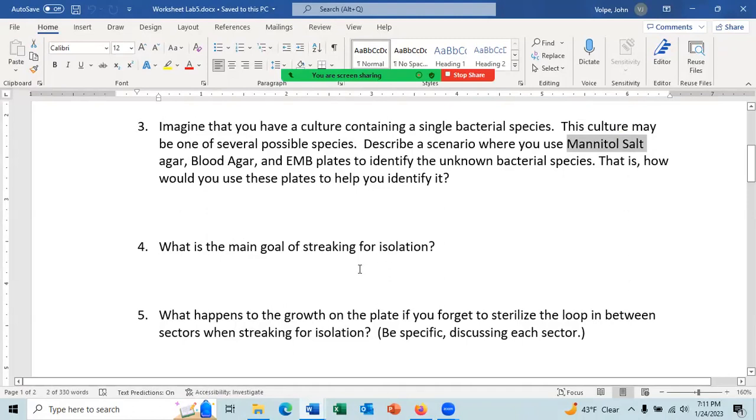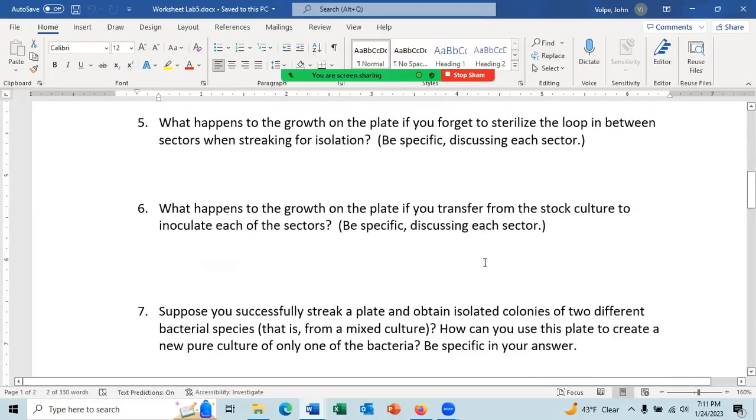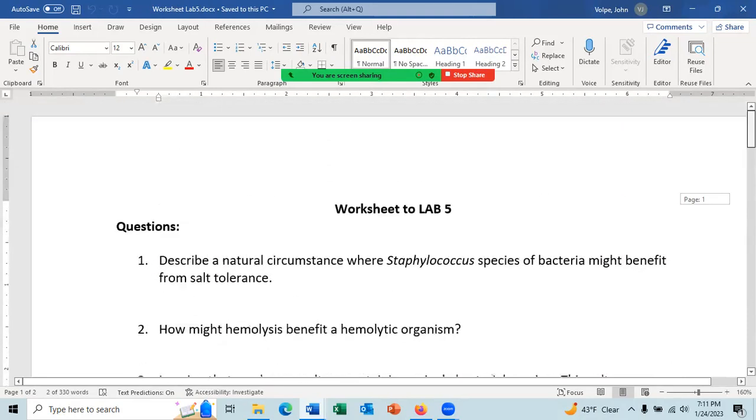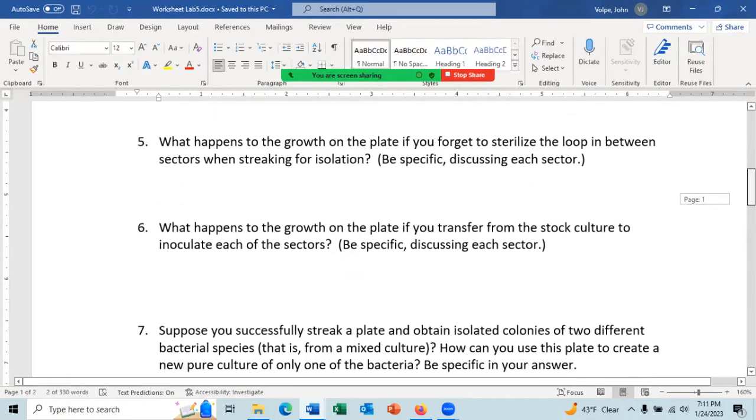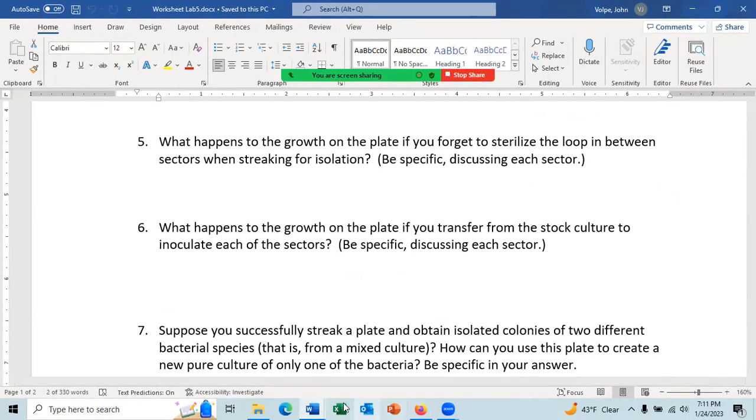Meaning when you're streaking out for colony isolation, what's the main goal you're trying to do? 5, what happens to the growth on the plate if you forget to sterilize the loop in between the sectors when you're streaking for isolation? You need to be specific, discussing each sector so that I understand your answer. Let me go back to the colony streaking picture.